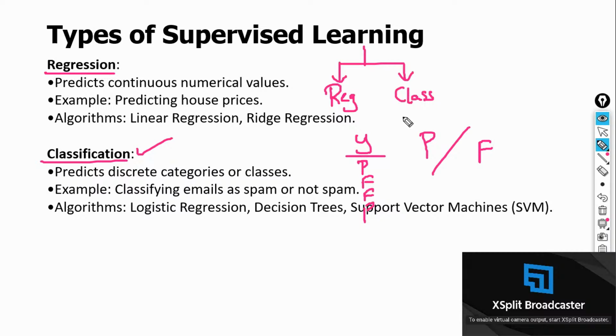But there is regression also. Regression is used for predicting continuous data. What is the meaning of continuous data? Let us go for an example. Predicting house price. Will the house price be fixed, like we have in the classification case?